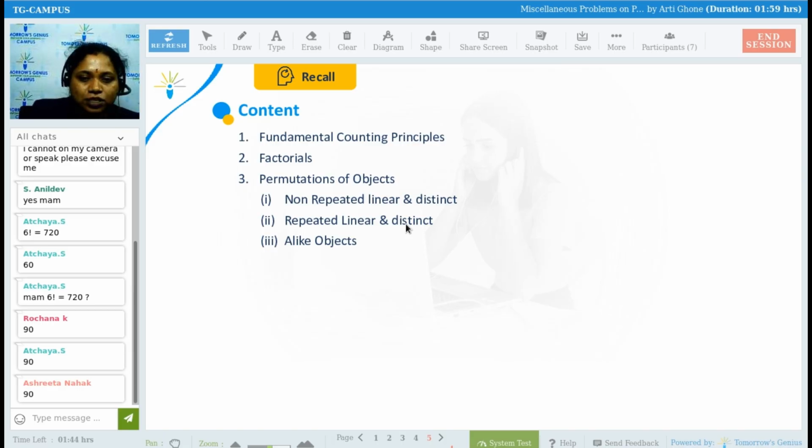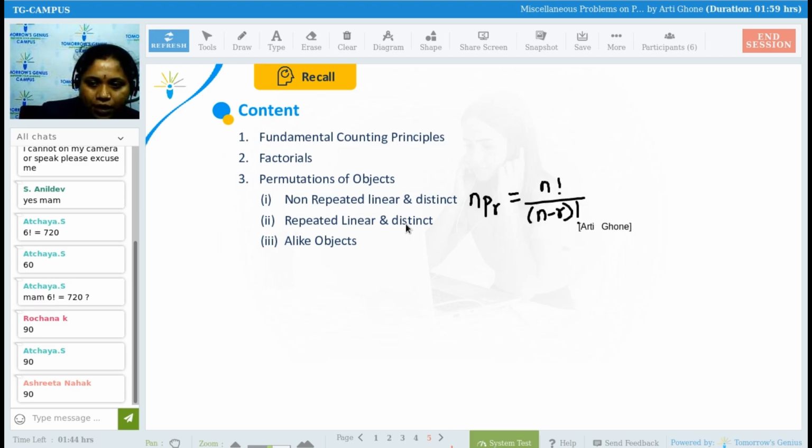Next is permutations of objects. First is non-repeated, linear and distinct objects. This is the first type. This is nPr, n different objects, r taken at a time. How will the selection or arrangement be done? n factorial upon n minus r factorial.